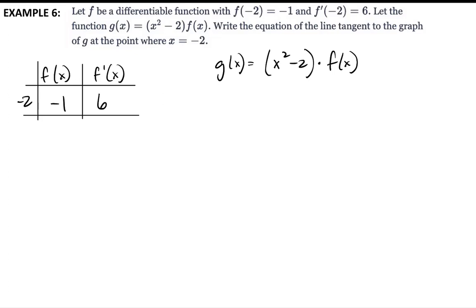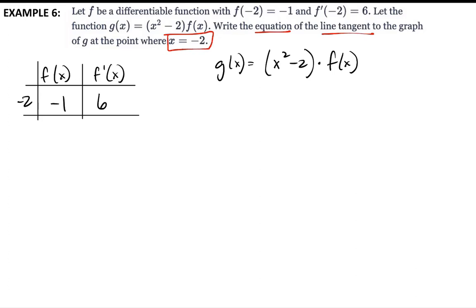So we got to write the equation of the tangent line to the graph where x equals -1. So the equation of a tangent line means an equation of a line. And then the word tangent means, what are we going to have to do? Derivatives. Yeah, we're going to have to start with derivatives.